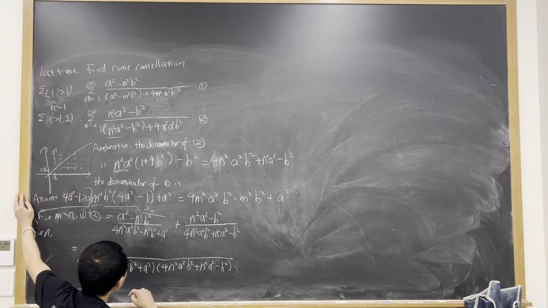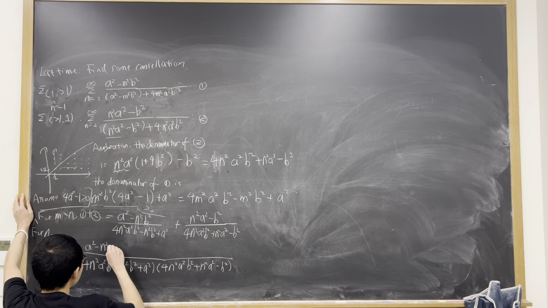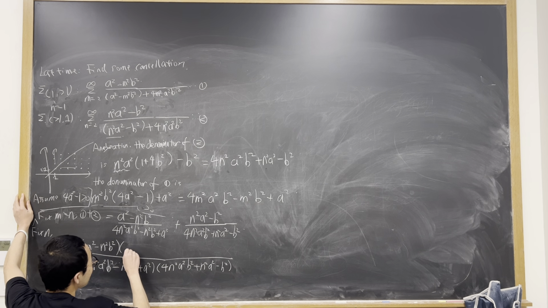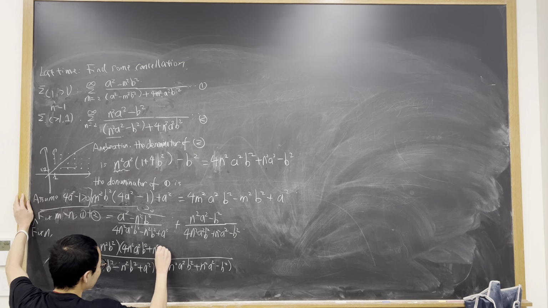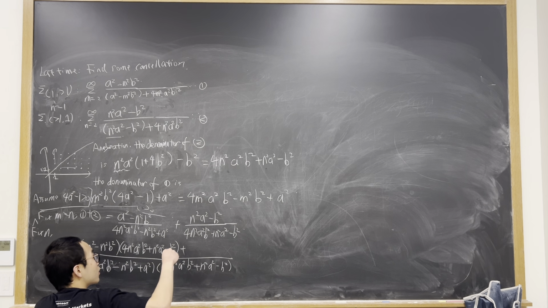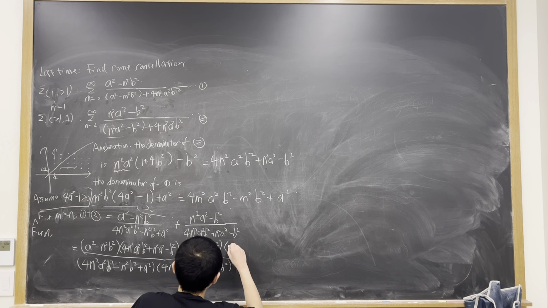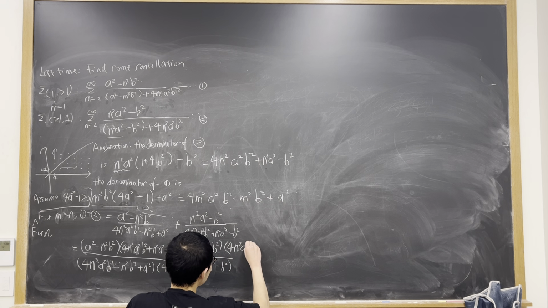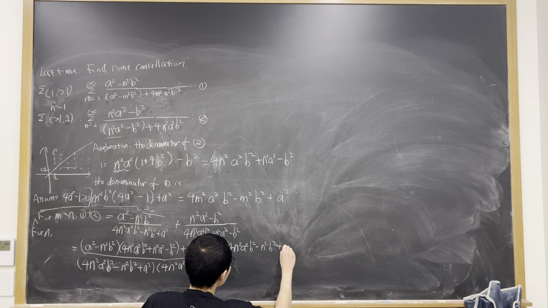And then for this guy, I have a squared minus n squared b squared times 4n squared a squared b squared plus n squared a squared minus b squared, plus n squared a squared minus b squared times 4n squared a squared b squared minus n squared b squared plus a squared.